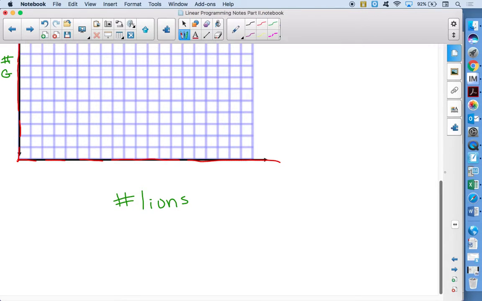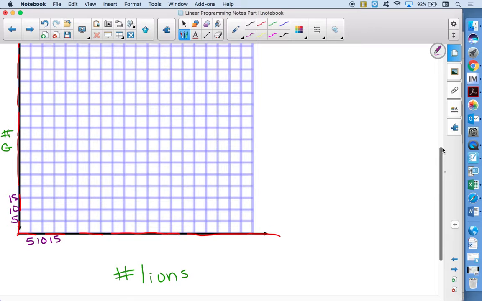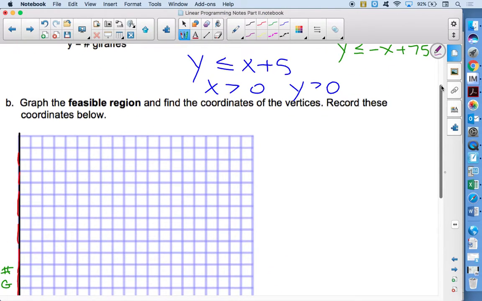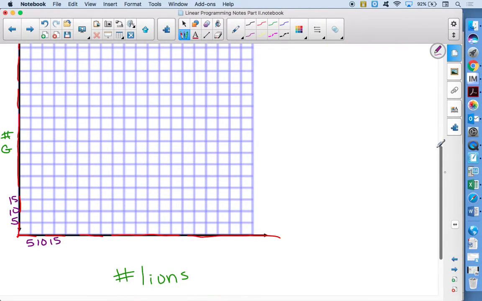If you're counting by 5s, that's fine, but a couple being labeled is enough, as long as I can see what you're counting by. So negative x plus 75, go all the way up to 75 on your graph.